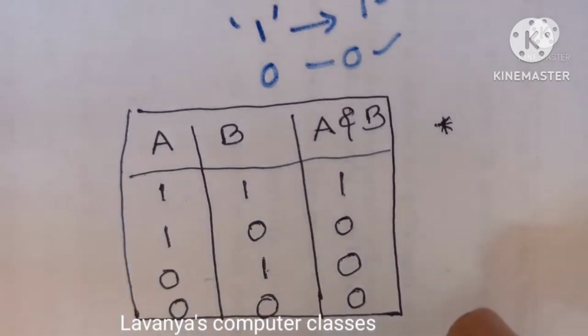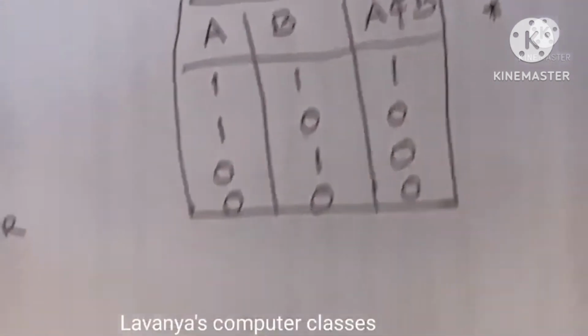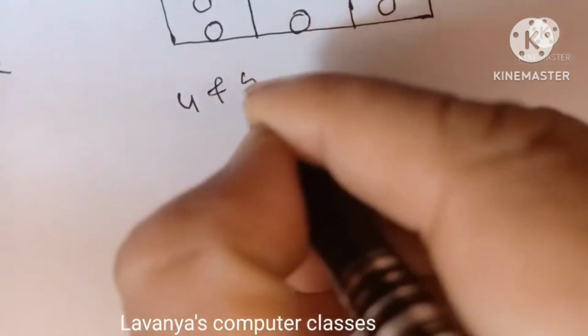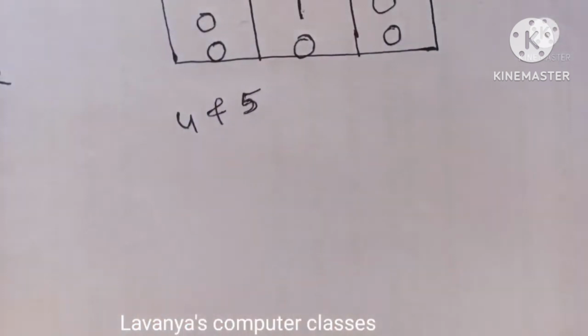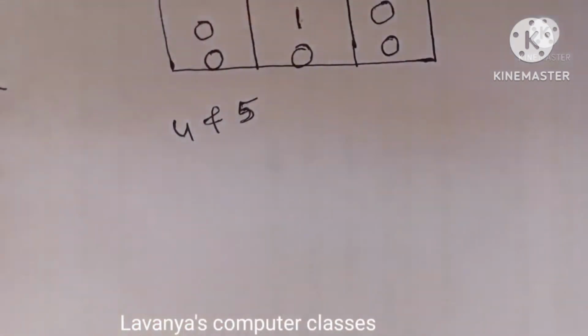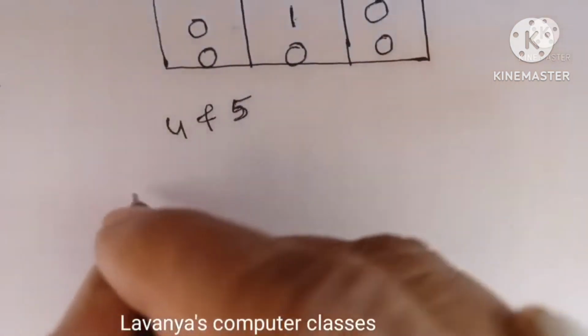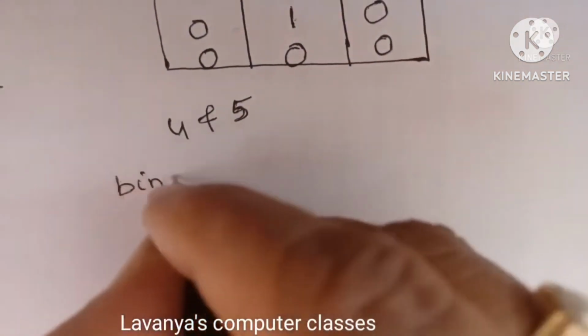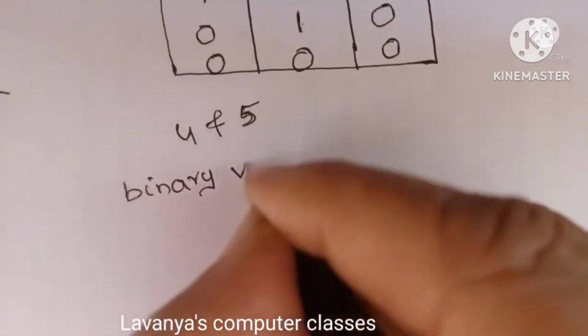Now the AND operator is also used on the binary representation of operands. For example, 4 and 5. 4 is a number, 5 is a number. To work out 4 and 5, we first find the binary value of 4.